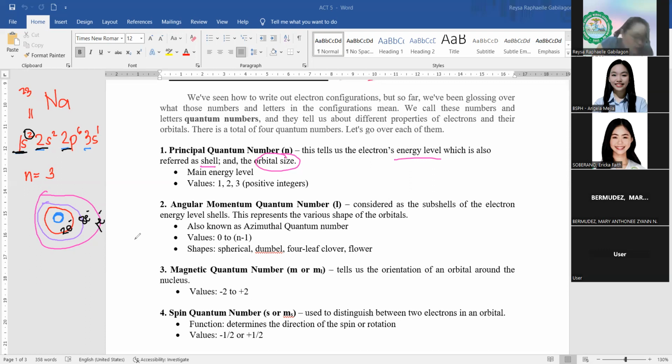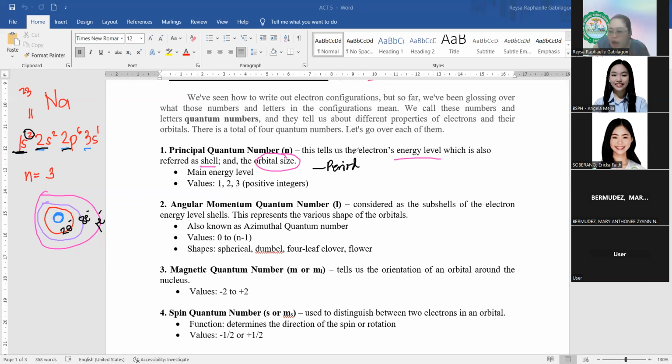That's the distribution of the electrons sa sodium. Okay? So that's the principal quantum number. And the principal quantum number will actually tell us kung anong period in the periodic table natin makikita yung element.